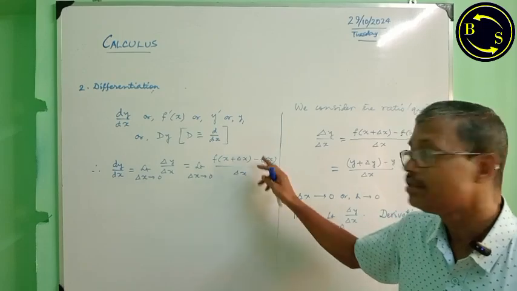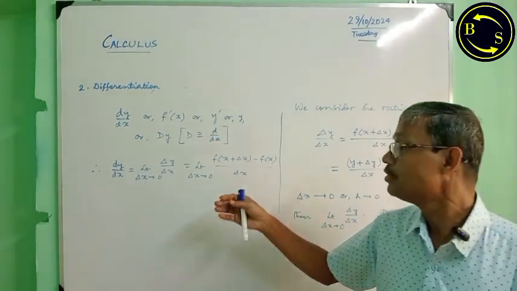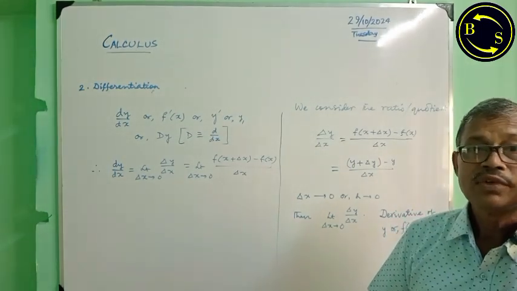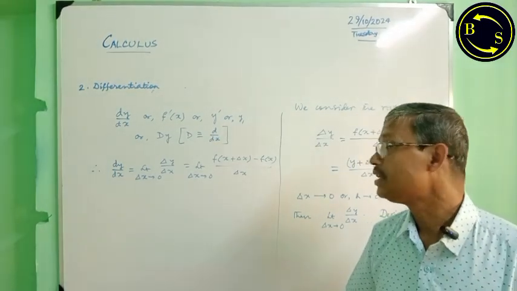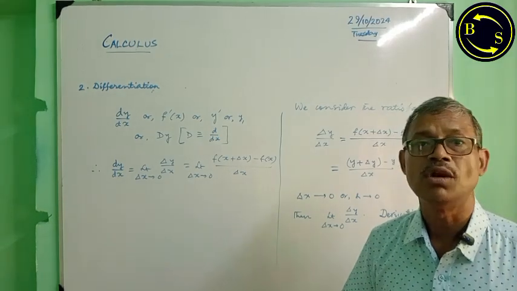Now this is a limit. Therefore, as per the concept of limit, this limit will exist if left hand limit and right hand limit both exist. That means both are finite and equal.